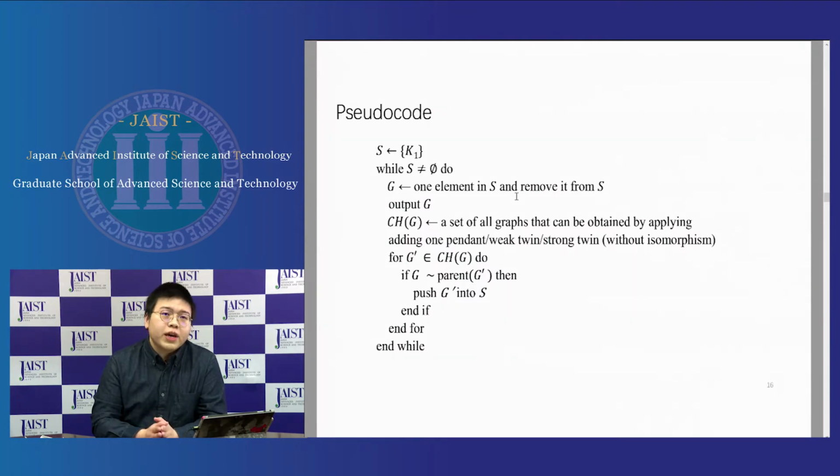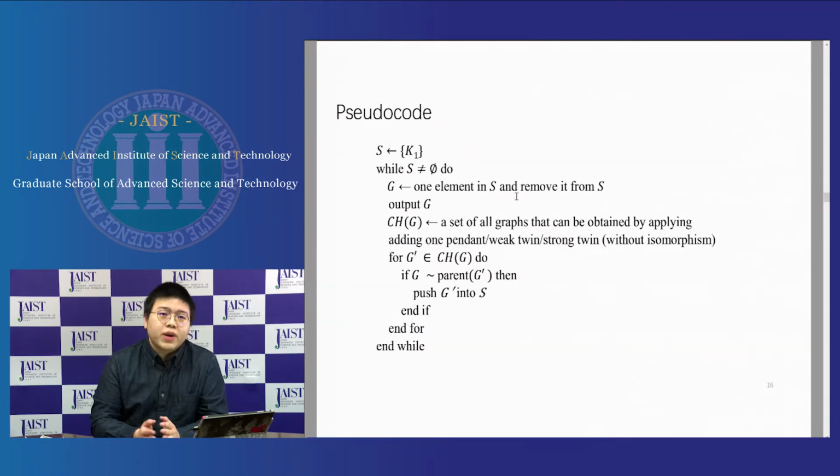We start from K1, and each time we choose a graph G from the set S, and we find all the possible graphs that can be obtained by applying the generation rules based on the three kinds of rules we mentioned before.